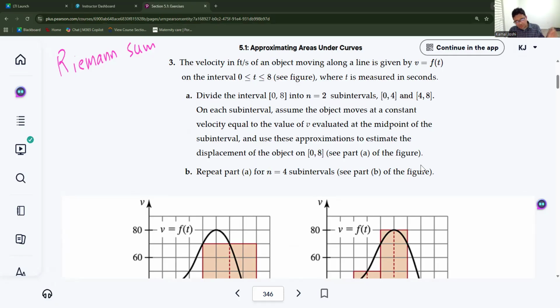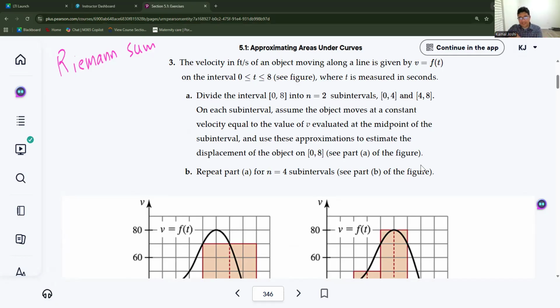Basically you have to choose one point on that interval, and for simplicity we try to be consistent. Always the left endpoint, always the right endpoint, or always the midpoint, or always a randomly chosen point. That is also consistent, right? In every interval, just use some software and choose a random point. Then at that point you look at the height of the function, and you assume that's going to be the value of the function for the whole interval.